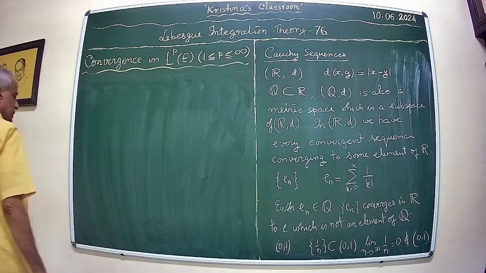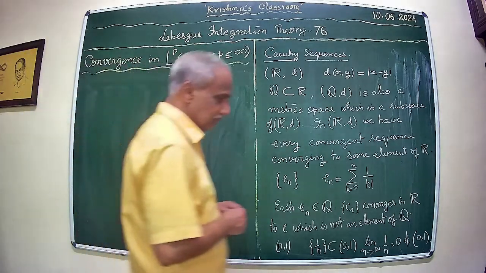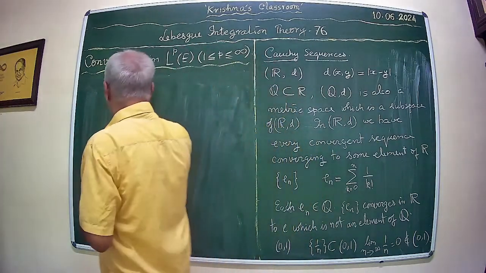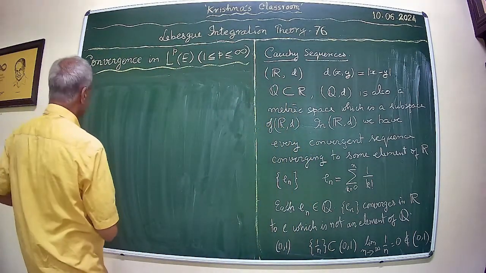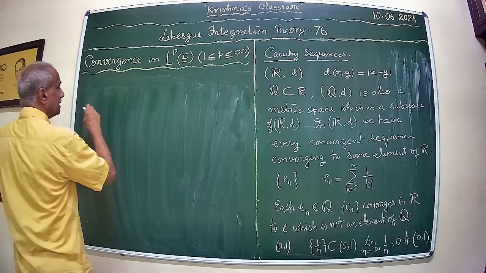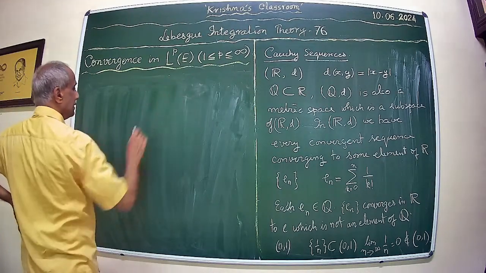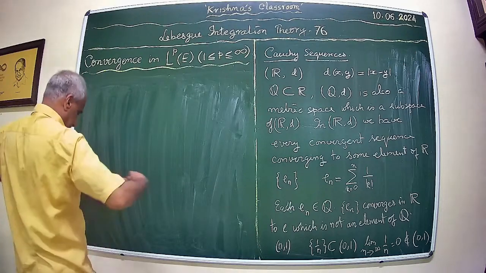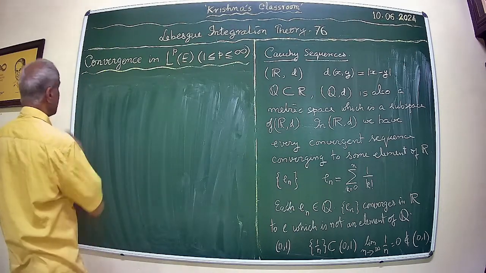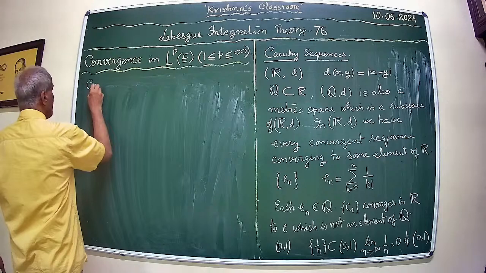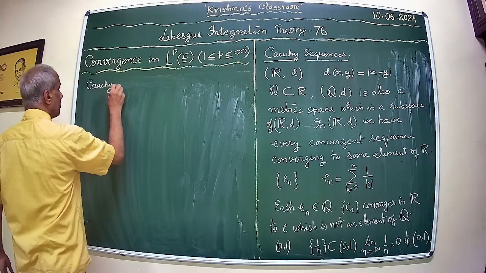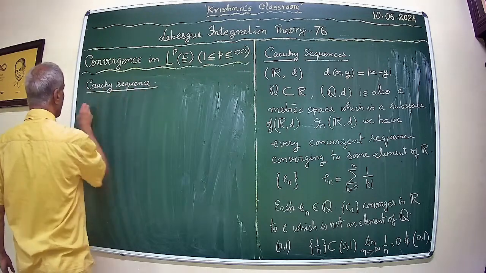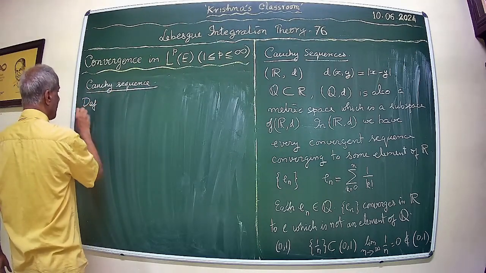So we will introduce a new class called Cauchy sequences, something that nearly converges, or which can be made convergent by possibly putting the limit into the space and joining it to the space. Definition.